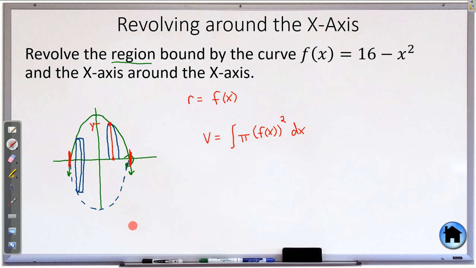So where are those 2 points? In this graph, that will be at -4 and 4, because both of those numbers make our function equal to 0, and that's where the boundary ends. So this will be from -4 to 4. So that is the integral that will give us this volume.